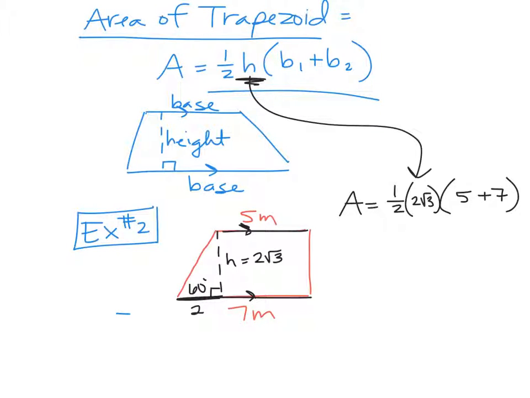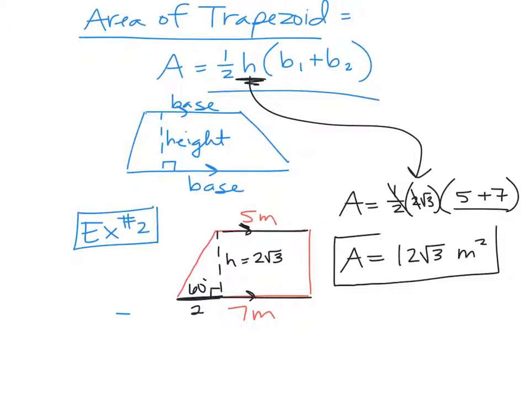We're going to put it in simplest radical form, so you're not just going to plug it straight into your calculator. It's going to be 1/2 times 2 times 12, right? 5 plus 7. So 1/2 times 2 just is 1. So really we have 12 and a rad 3 that we're multiplying. We were talking meters, so that would be square meters.